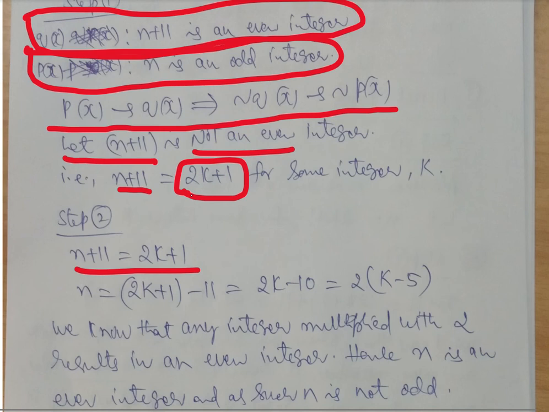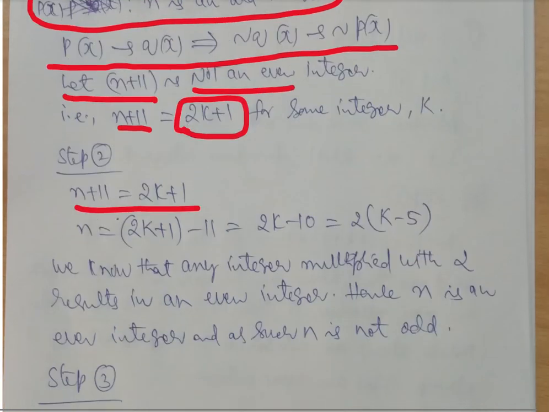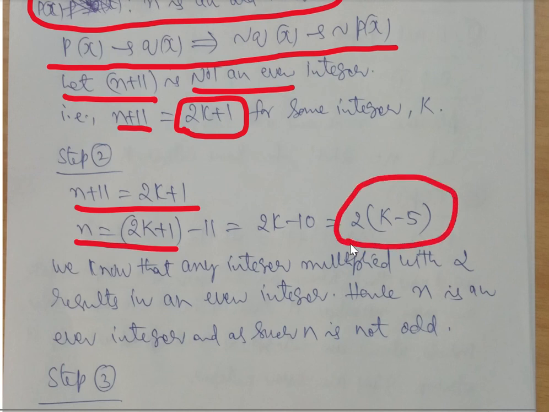So n plus 11 is equal to 2k plus 1, that's what we have taken now. When n plus 11 is 2k plus 1, we have to go back to the other side, that is, what is n. So n is equal to 2k plus 1 minus 11, that is equal to 2k minus 10, which gives us 2 multiplied by k minus 5. So we got the reverse case.